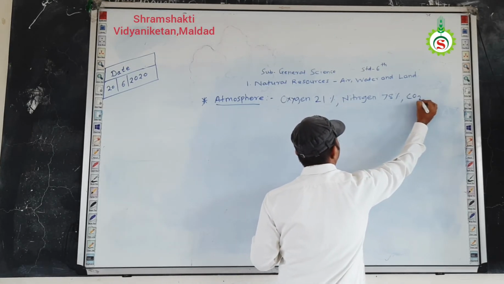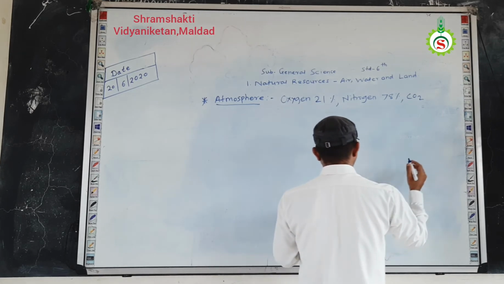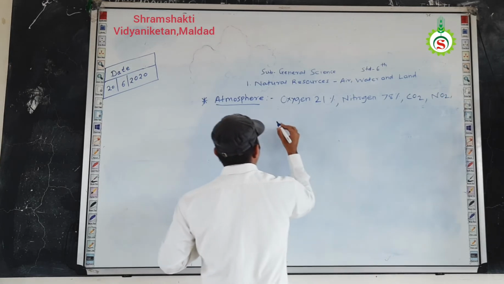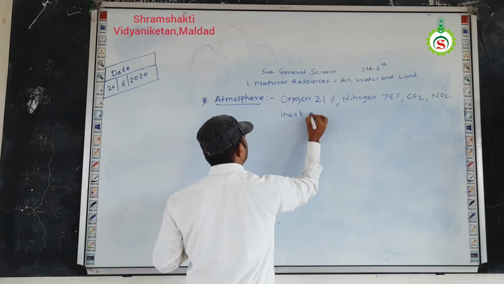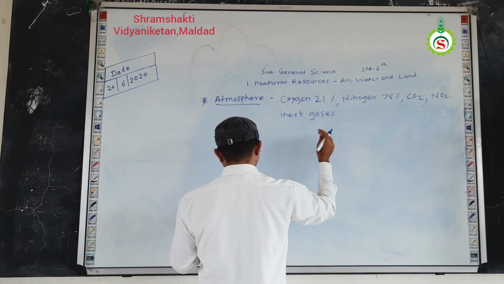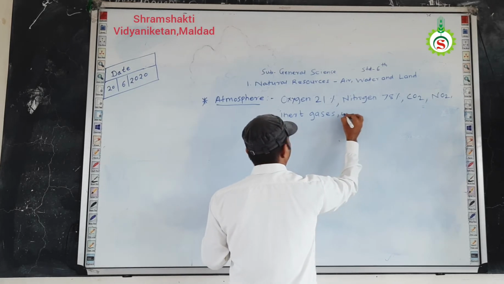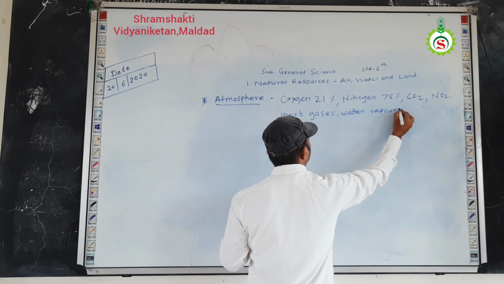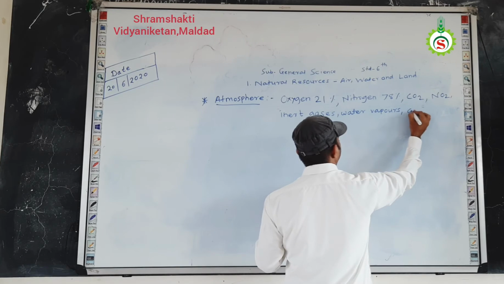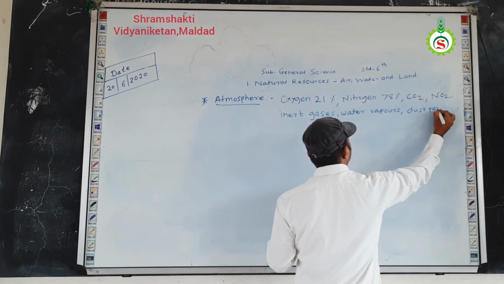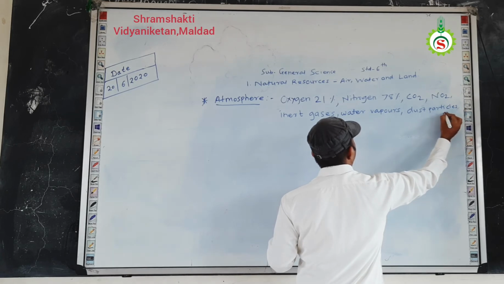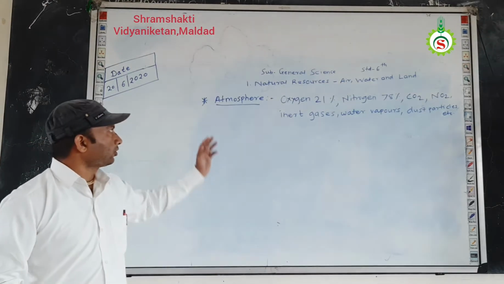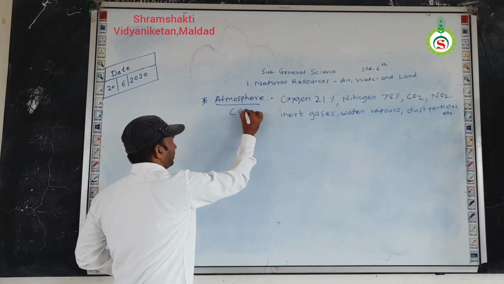Then carbon dioxide, then nitrogen dioxide, then inert gases, then water vapors, then dust particles, etc. So when we see the composition of the air, atmosphere means air.